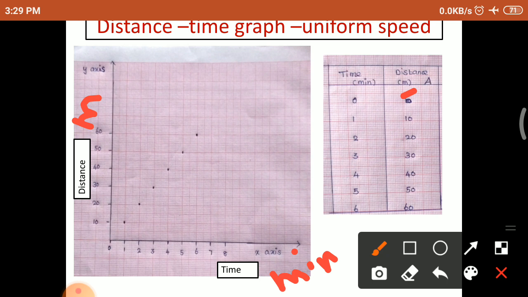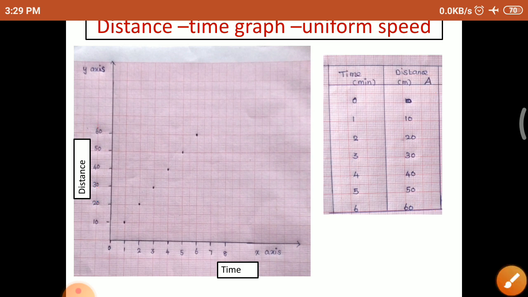See the values of time, 0, 1, 2, 3, 4, 5, 6. So I wrote 1, 2, 3, 4, 5, 6, 7, 8. And see the distance: the minimum distance is 0, maximum is 60. So I take 10, 20, 30, 40, 50, 60.